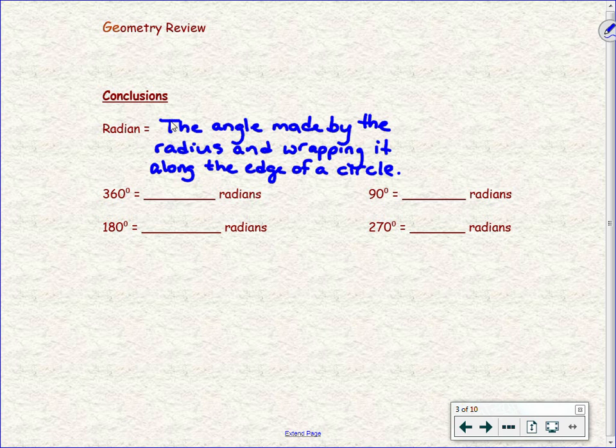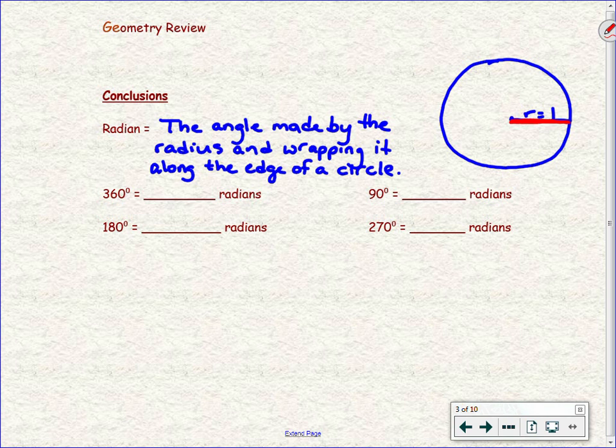So you might want to draw a little picture up on the side, top corner. If you have a circle, and I'll use a unit circle, which means my radius equals 1. What you want to do is think about that length right there, how long that is. That's 1 unit of measurement.